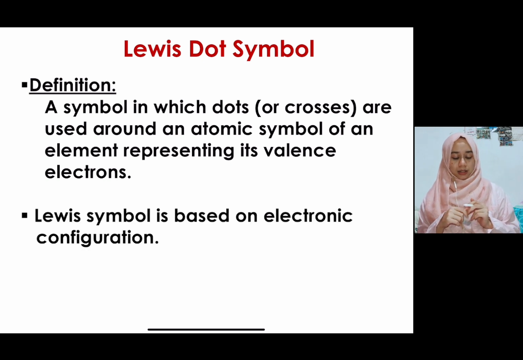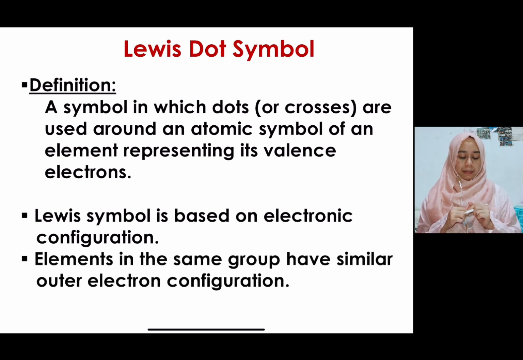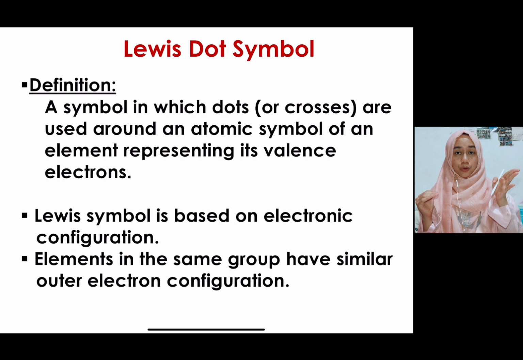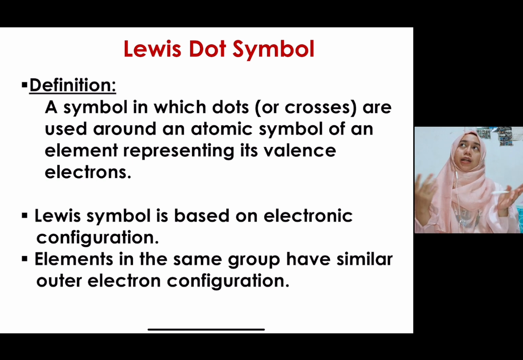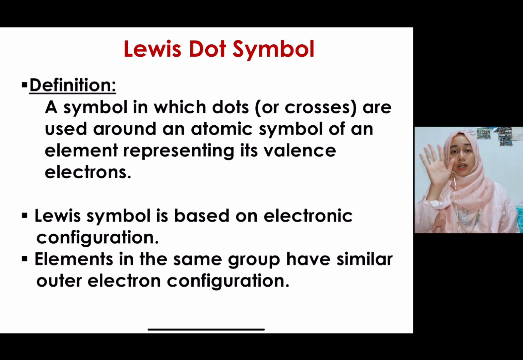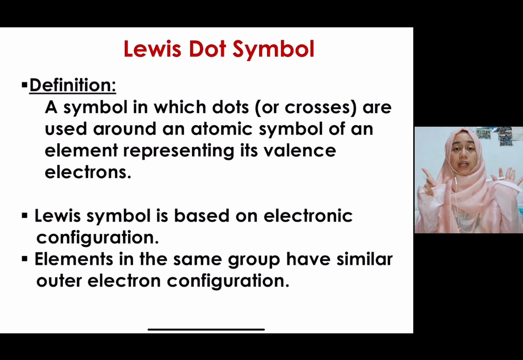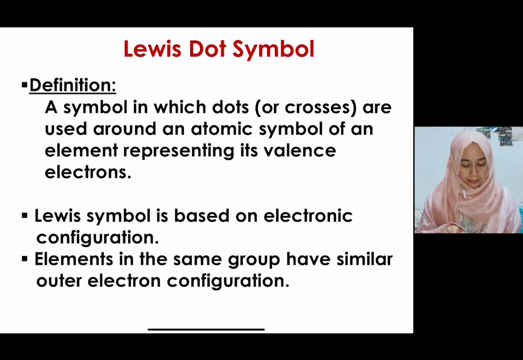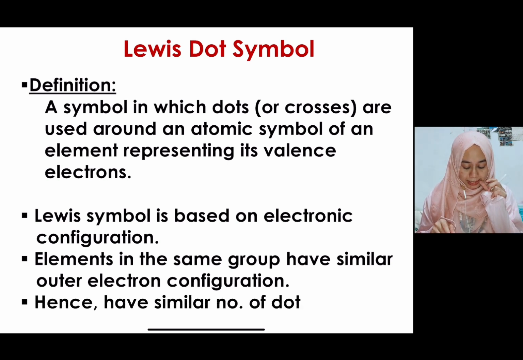The Lewis symbol is based on its electronic configuration, and elements in the same group have similar outer electron configuration. Like we just discussed, all elements in group 1 have 1 valence electron, whereas all elements in group 17 have 7 valence electrons. Hence they have a similar number of dots.